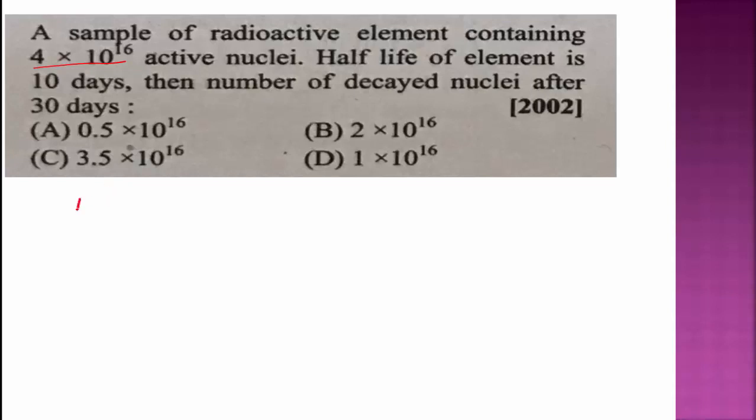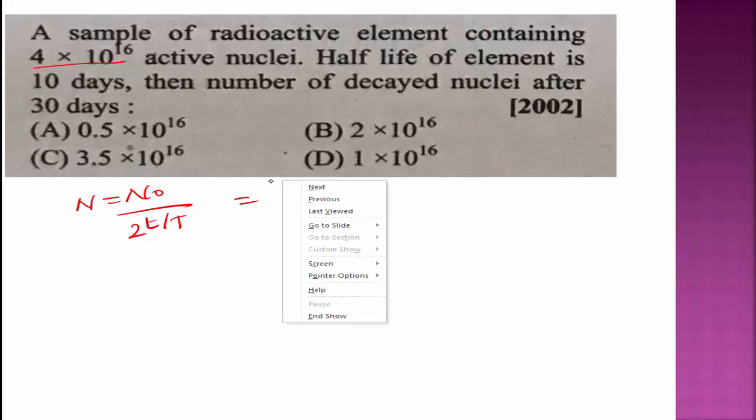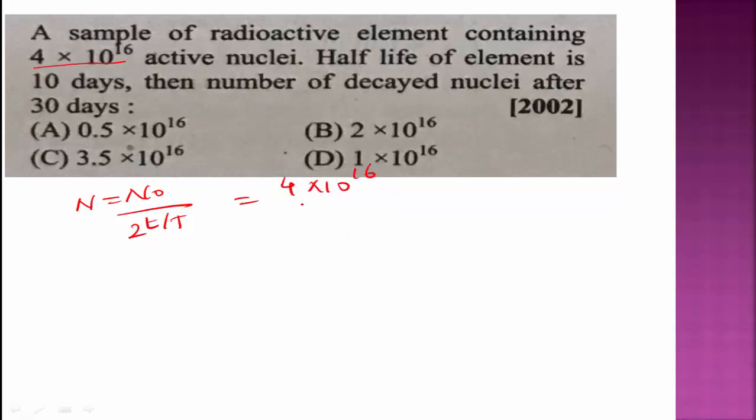We are also using the same formula, N is equal to N naught divided by 2 to the power of small t divided by capital T. Substitute N naught, the number of radioactive nuclei, that is 4 × 10^16, divided by 2 to the power of 30 divided by the half-life of that element, which is 10.